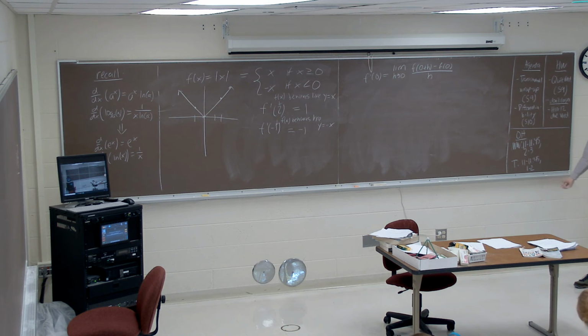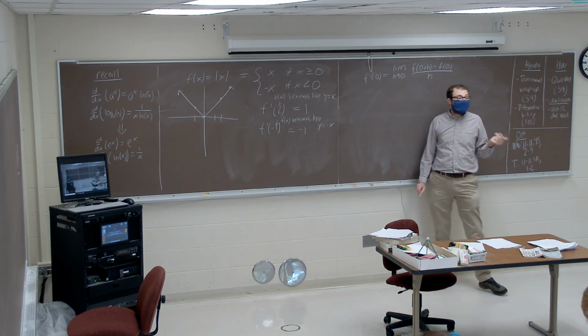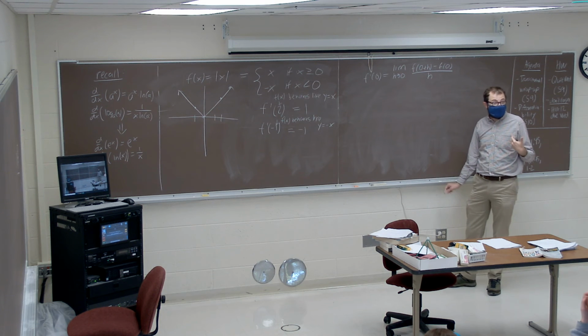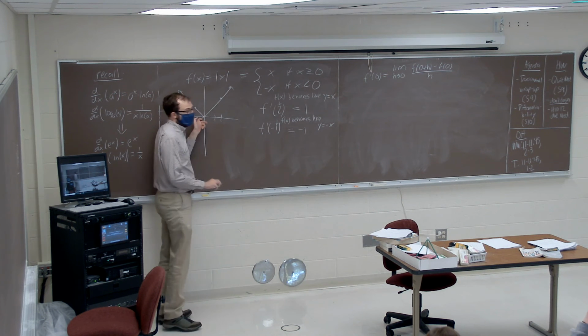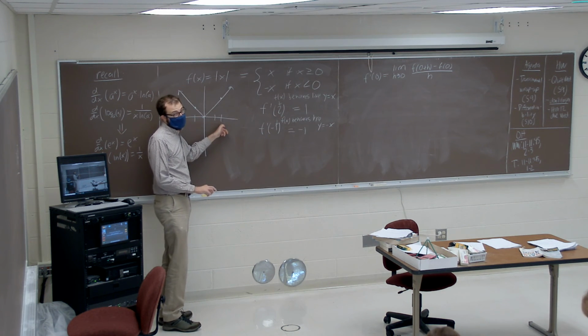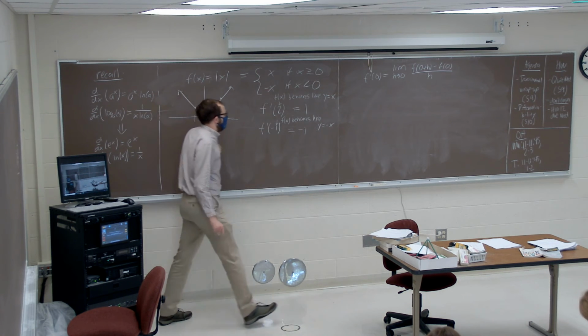And what Zach has proposed is that in order to evaluate this limit, we need to take a limit as h goes to 0 from the left and from the right, because f of x is going to behave differently to the left of 0 and to the right of 0. Let's try that.